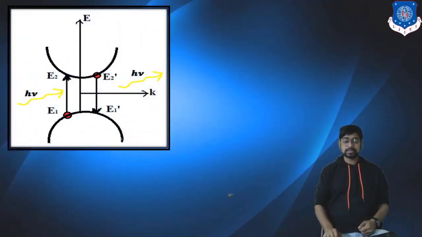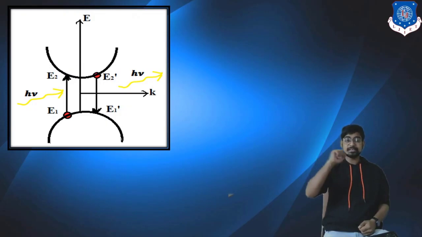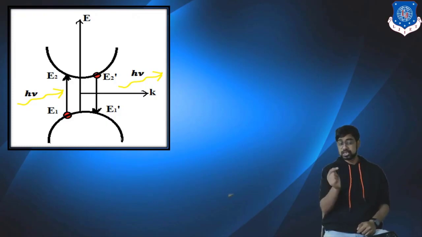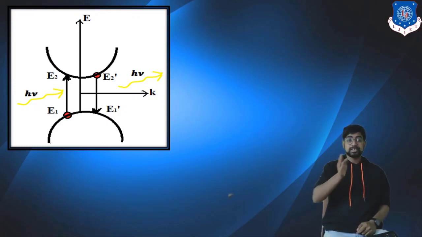Before we start the derivation, the E-k diagram is there, with the higher energy level defined as E2 and the lower energy level defined as E1. There are two transitions: first generation and second recombination. In generation, hν in the form of a photon is given to the electron, it gains it and goes to the higher energy level E2.